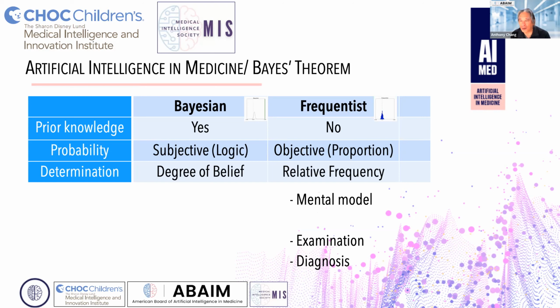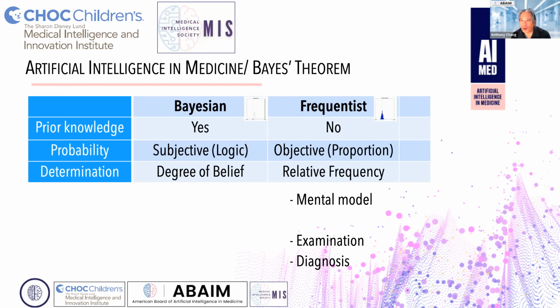Imagine yourself in an emergency room with a case, and let's say someone comes in with chest pain. I'm a cardiologist, I get that a lot. So if you're a frequentist, then you would get a minimal history, and you would go right to the examination, get an EKG and an echocardiogram, and you come up with a diagnosis.